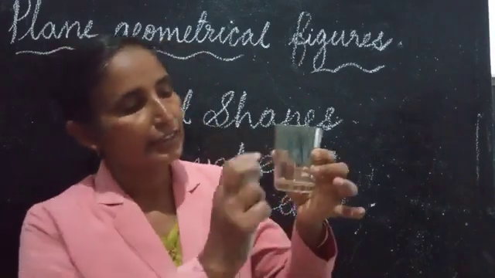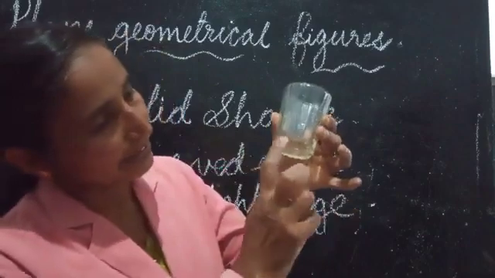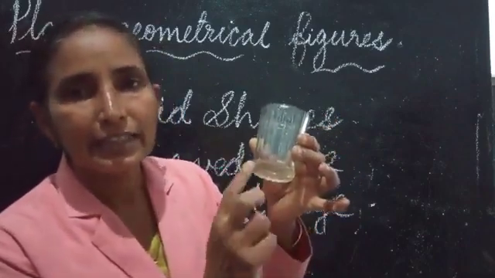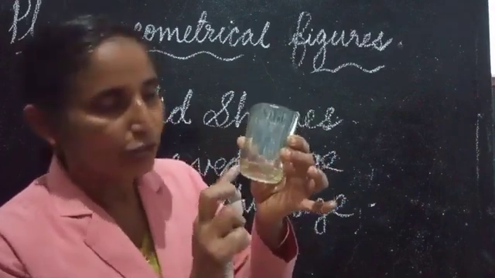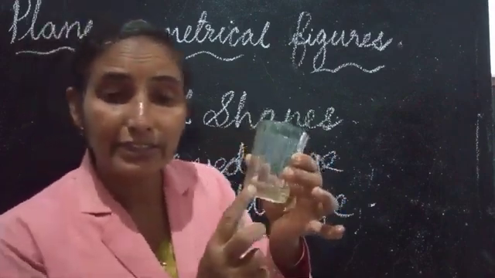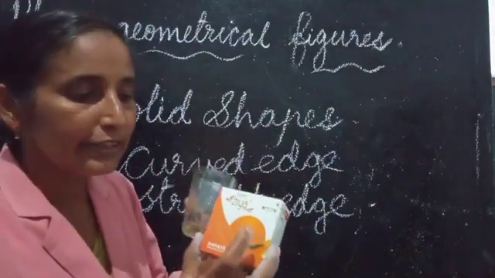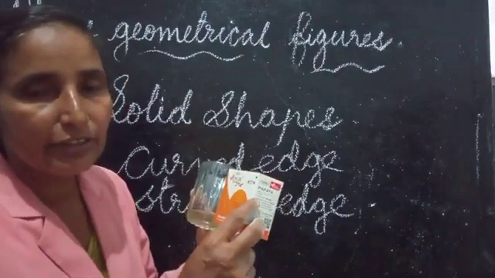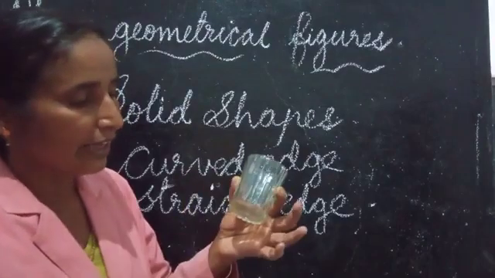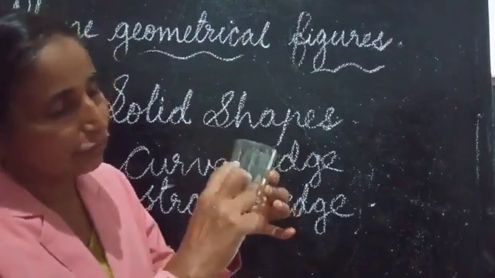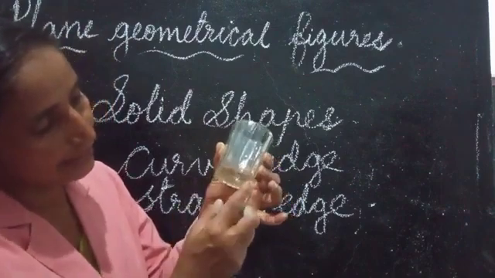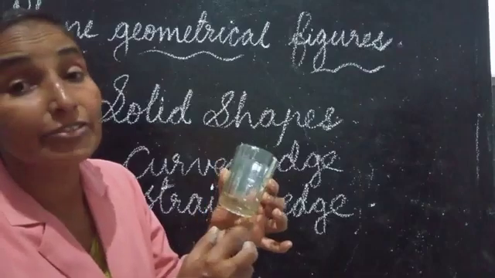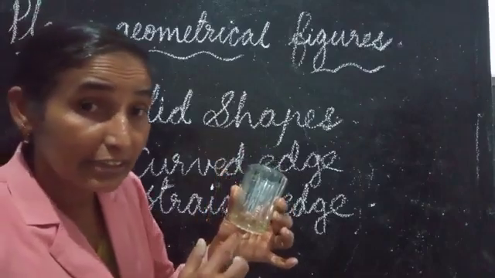When you see this face and this face meeting each other here, this is not a straight line. Is it a straight edge? No. So this is a curved edge. So for a cuboid, these 2 faces are meeting in a straight edge. And in a cylinder, this face and this face are meeting each other in a curve, so it is known as a curved edge.